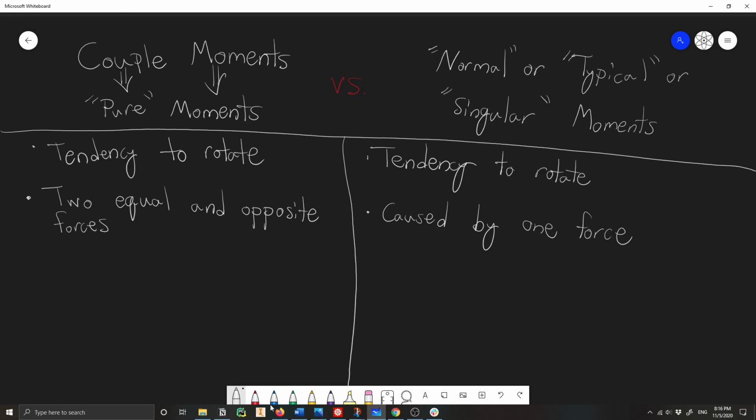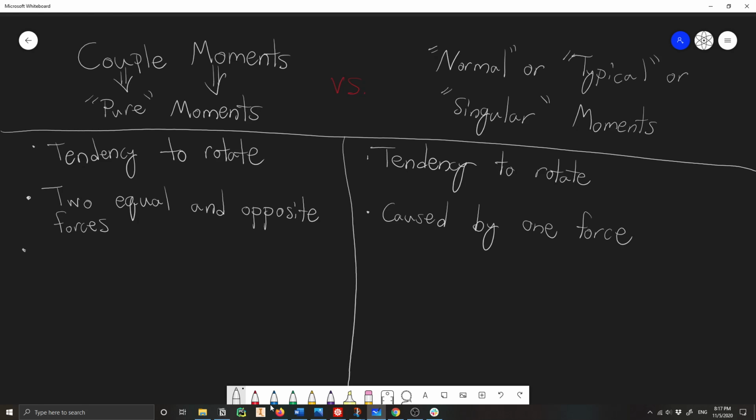But I'm just thinking of the simplest example where if we have something like this, and we have a force going down, right? That's just a single force. And if we have a couple moment, we're going to have one force here and one force here. They're going to be equal and opposite. So hopefully that makes sense. Let's get rid of that stuff and this guy. Okay.